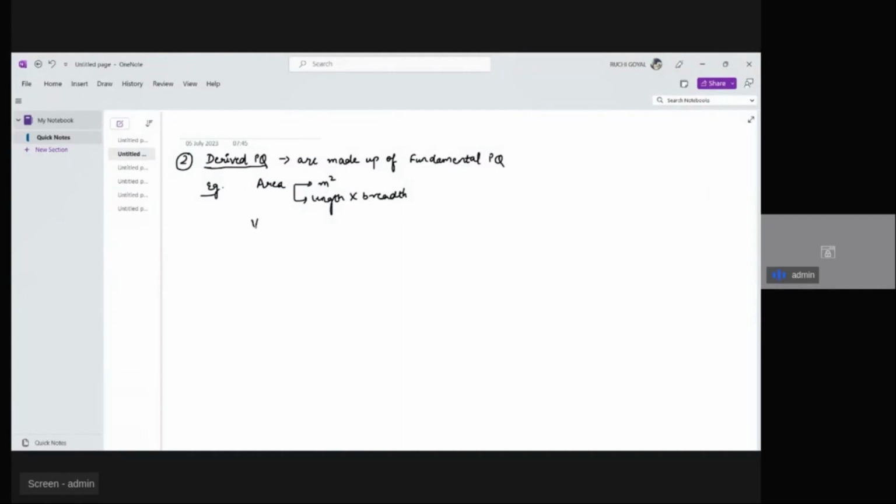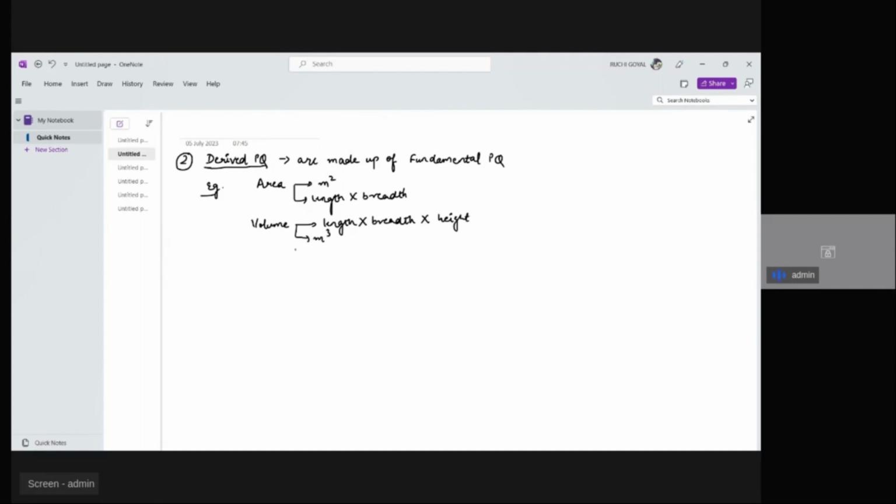Or we can take volume. Volume is length into breadth into height, so we can write it as meter cube.